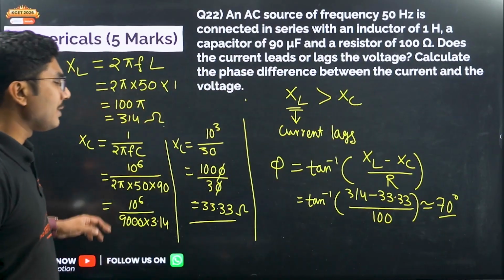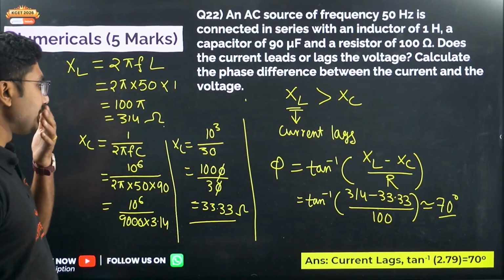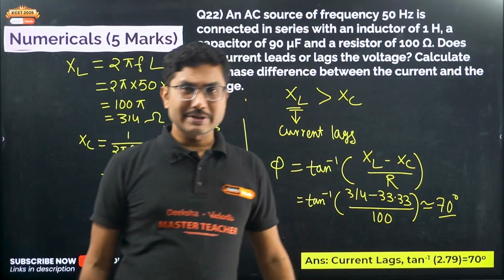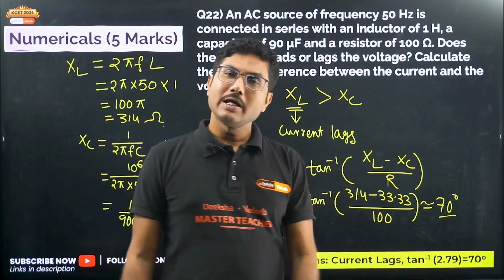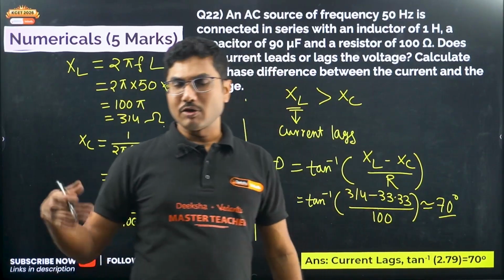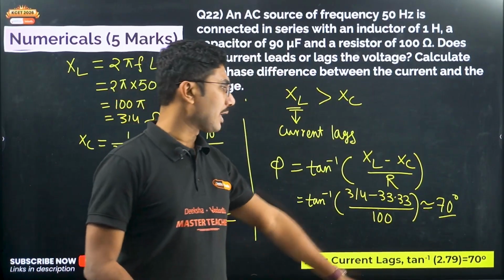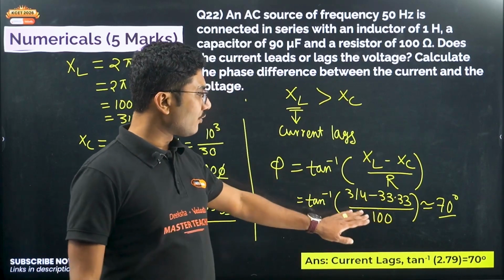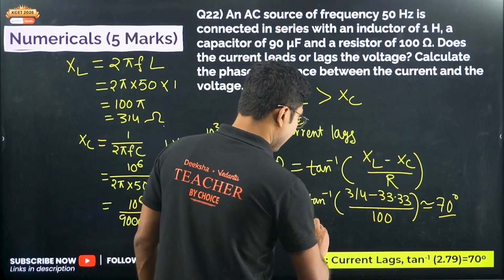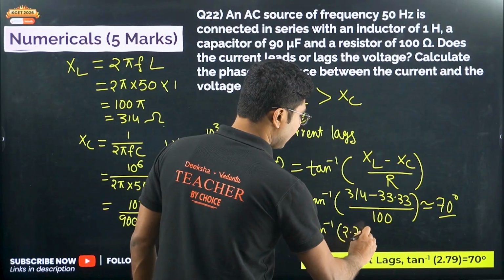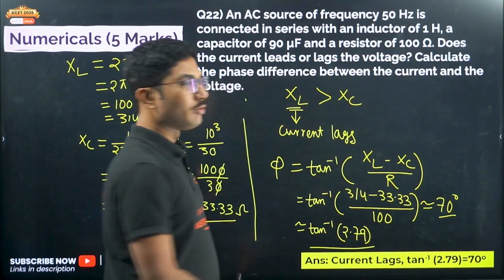Now you may not be able to calculate 70 degrees without using a sine cos table, but if you keep it like this, tan inverse 2.79, then also you should get the full marks, because 70 degrees is not a common angle, so you should not be able to calculate it without using a calculator. If you leave the answer over here as tan inverse 2.79, then also you should get full marks.